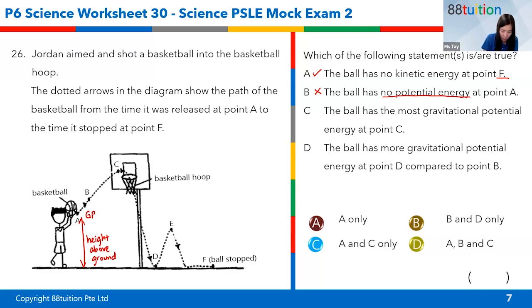So GPE is present. Next. The point at C here, it has the most gravitational potential energy. Yes or no? Tell me why. Very good, because it is at the highest point above ground.